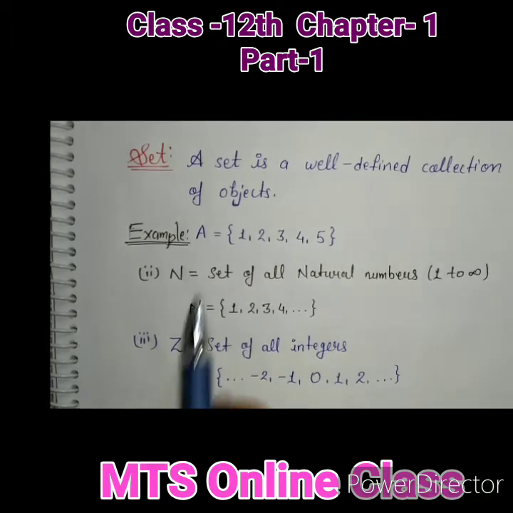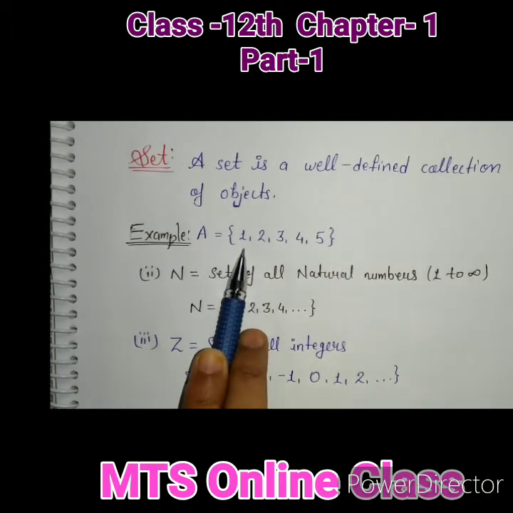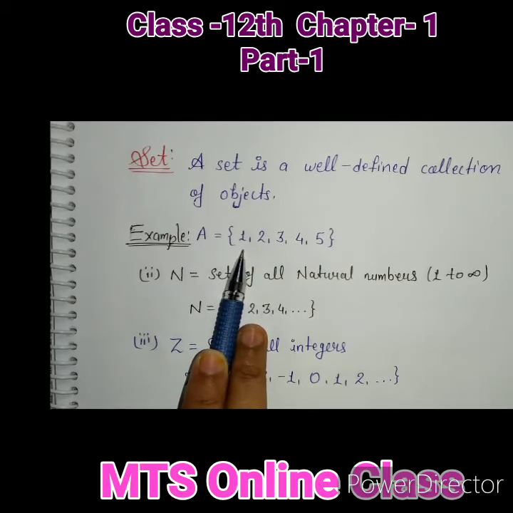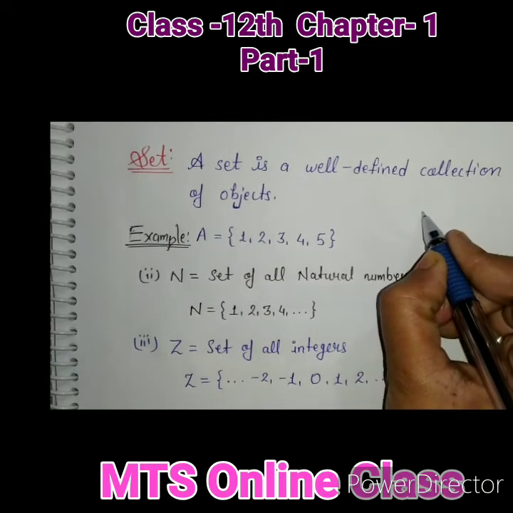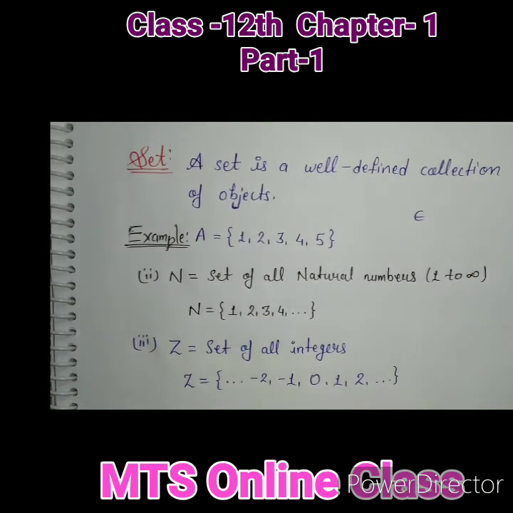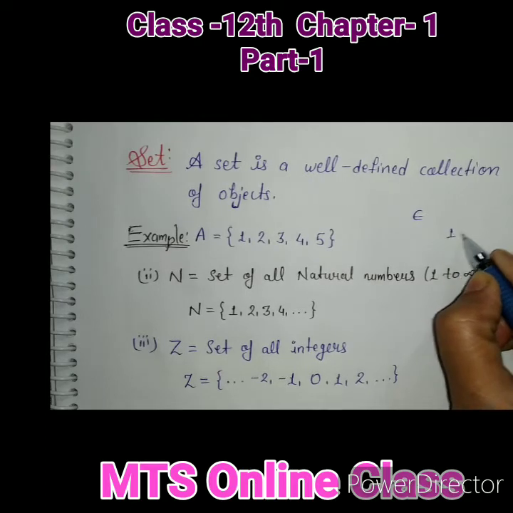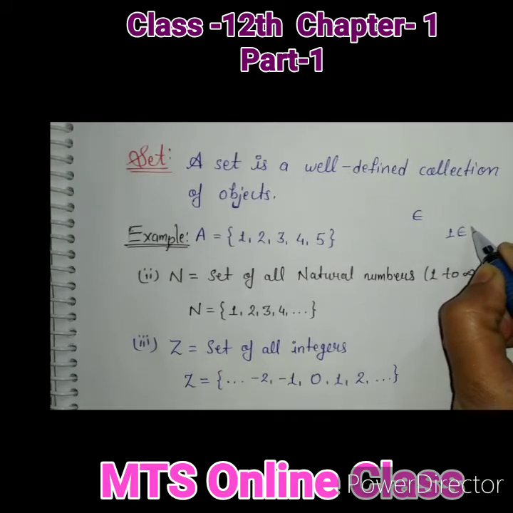Here 1 is an element of set A, so we say that 1 belongs to A. The Greek symbol epsilon means belongs to.